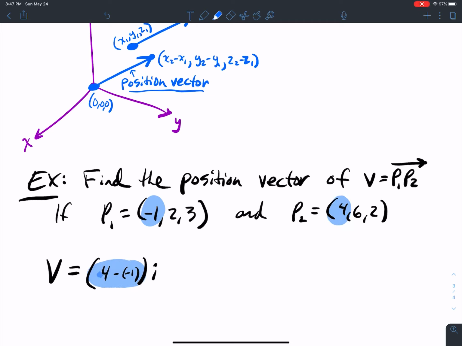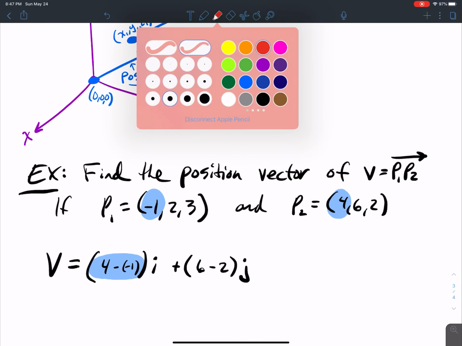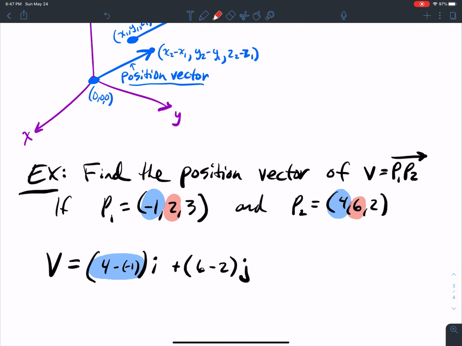Okay. And then the next part is (6 minus 2) j. Where's that coming from? It comes from the second component. And then I have the (2 minus 3) for my k right there.